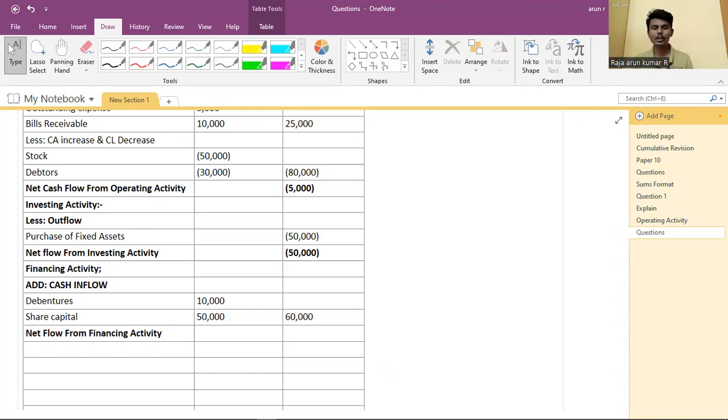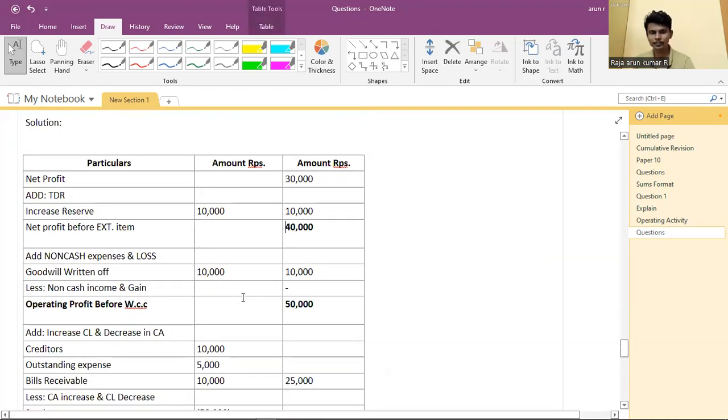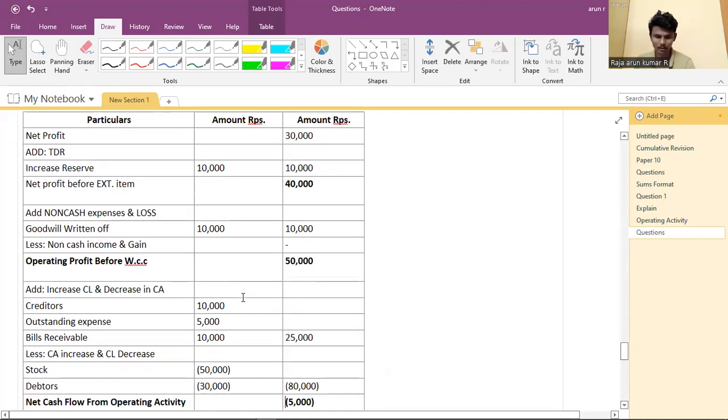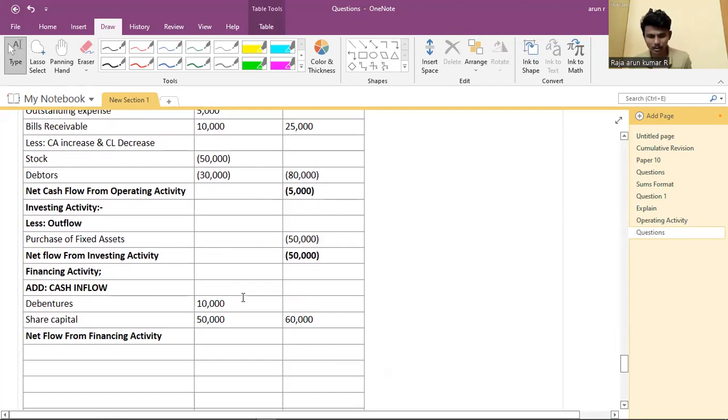In the time consumption, skip those steps. You must follow that format only. Just understand that concept. Net flow from financing activity amount 60,000.